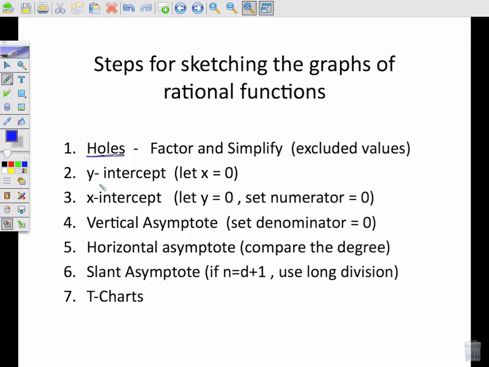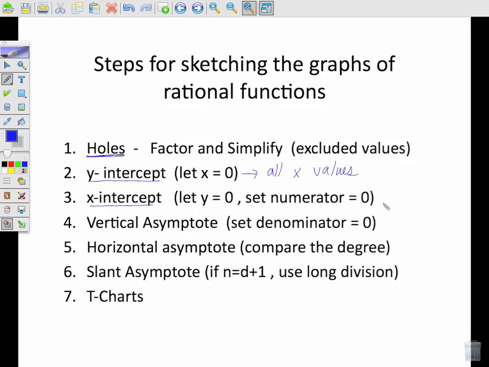Your second step will be to find any y-intercepts, and you can do the y-intercept by always letting your x equal 0, making sure that it's for all x values. To find your x-intercept, we do the same: we let our y equal 0.